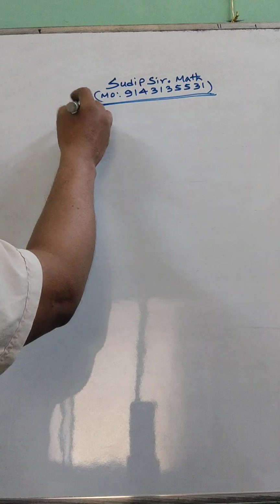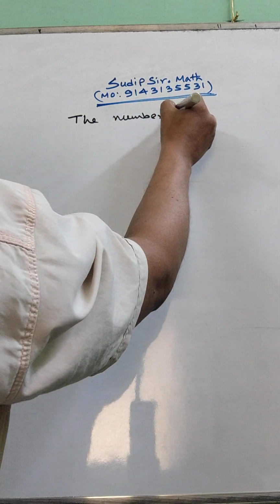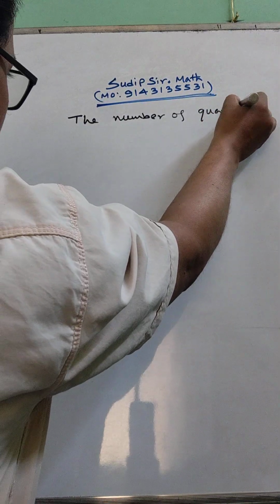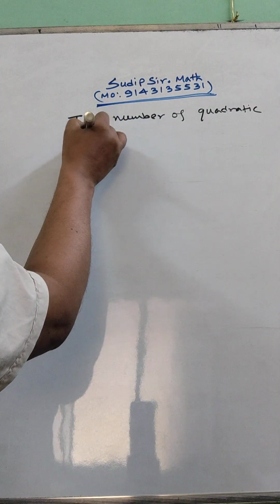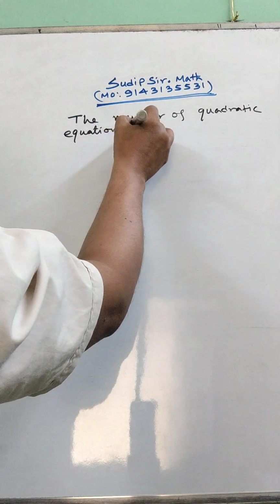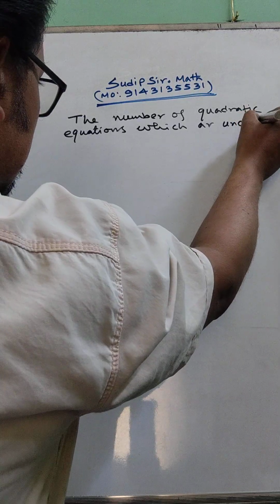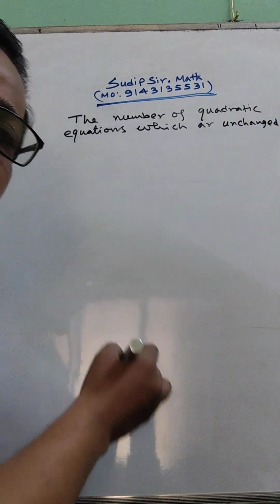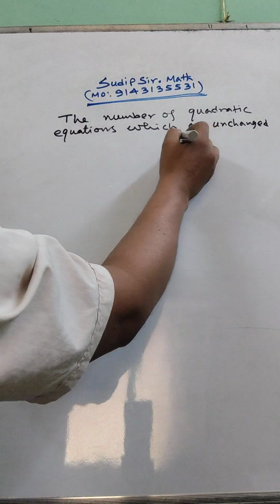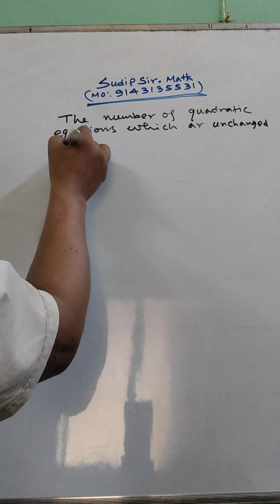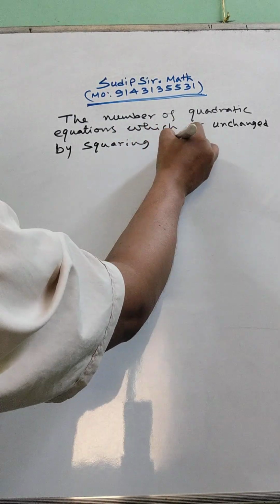The problem is like this: the number of quadratic equations which are unchanged by squaring their roots.